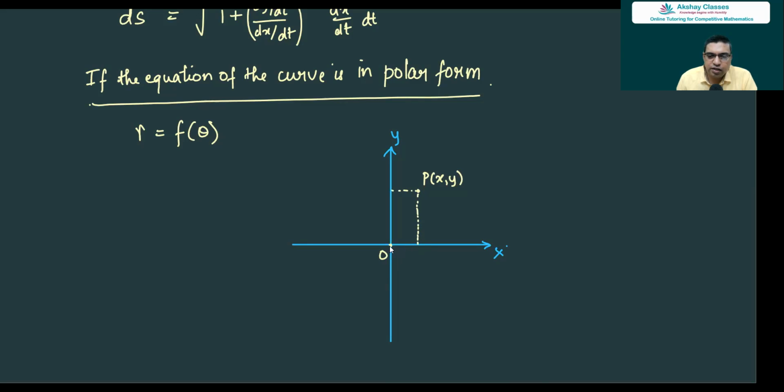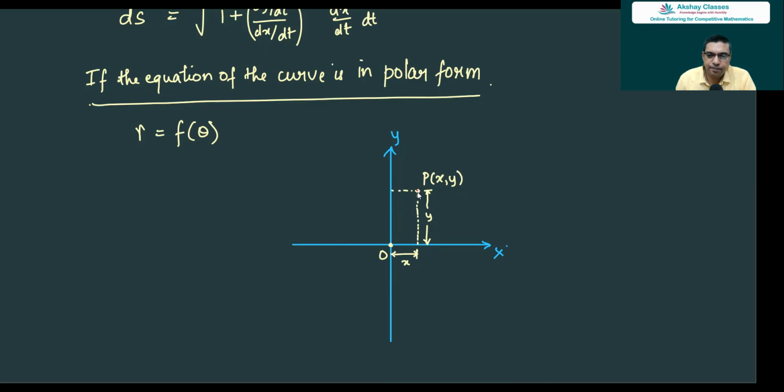So the reference point is the origin. This is the x coordinate. To reach this point P, we have to move x distance along the x-axis and then a distance of y units along the y-axis.